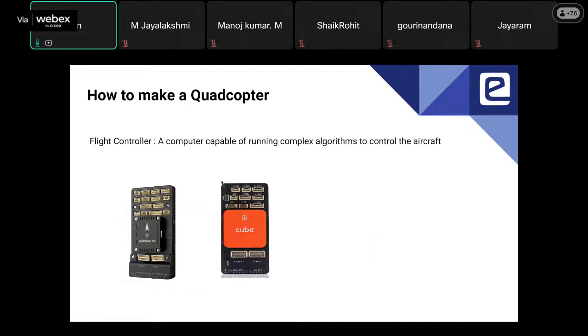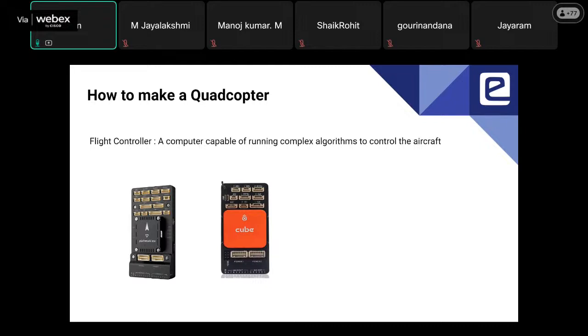Then we arrive at the term flight controller. You might be new to that. Basically, a flight controller is a computer capable of running very complex algorithms to control the drone or the aircraft. So this can be termed the brain of the aircraft. It controls what the drone should do when you give some signal, how it should move, and it collects data from the sensors on the drone.